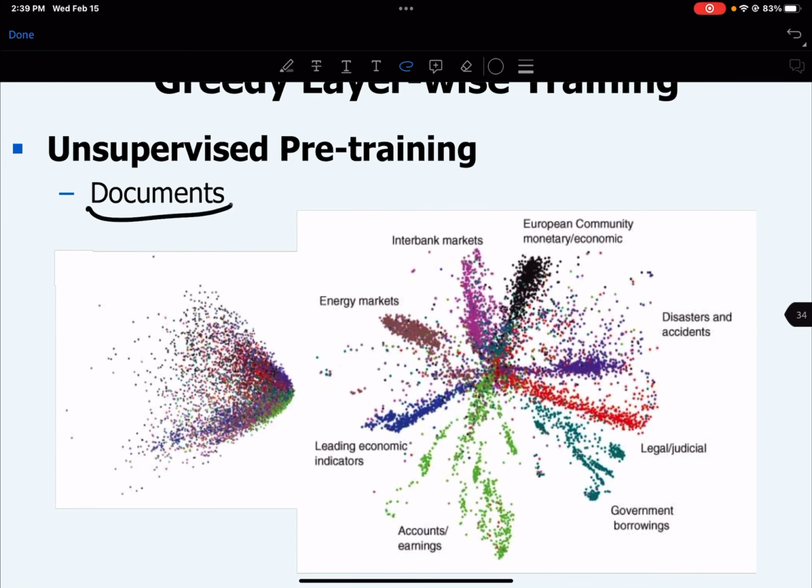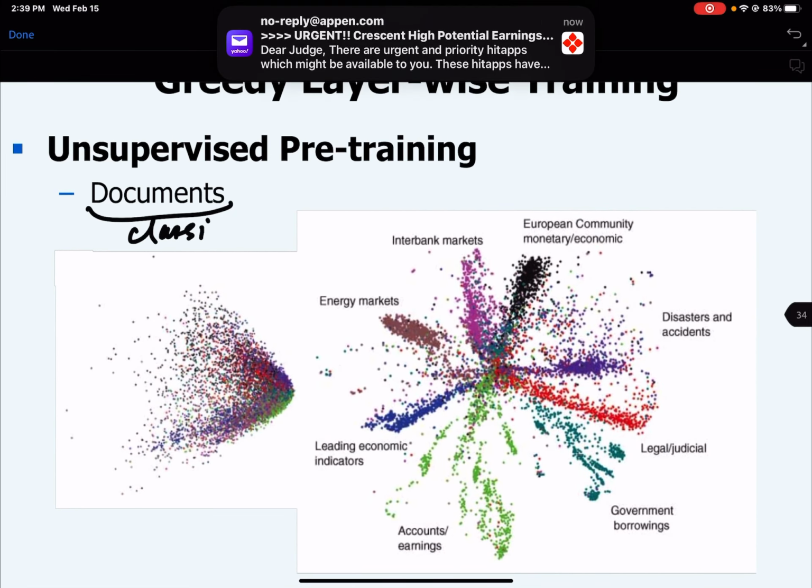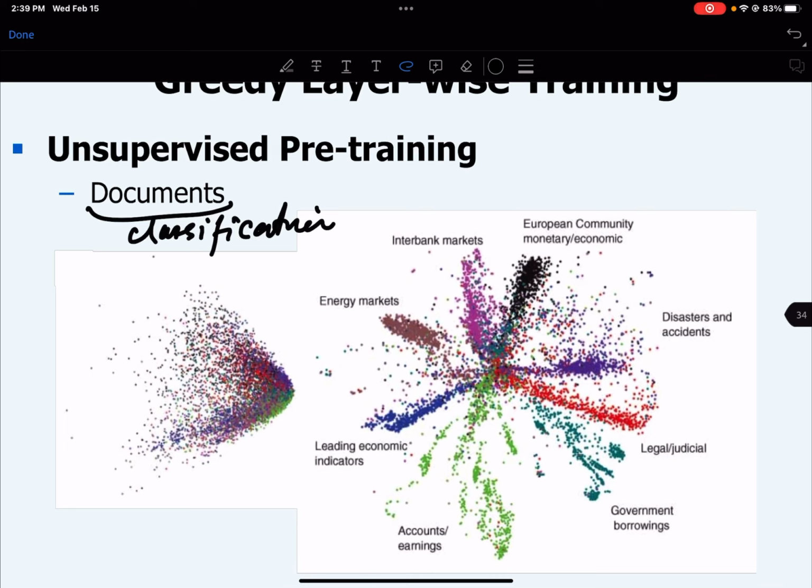So for document classification, you can use unsupervised pre-training and then supervised learning to classify your documents. And we can see here, this is your input, and you can easily classify your documents.